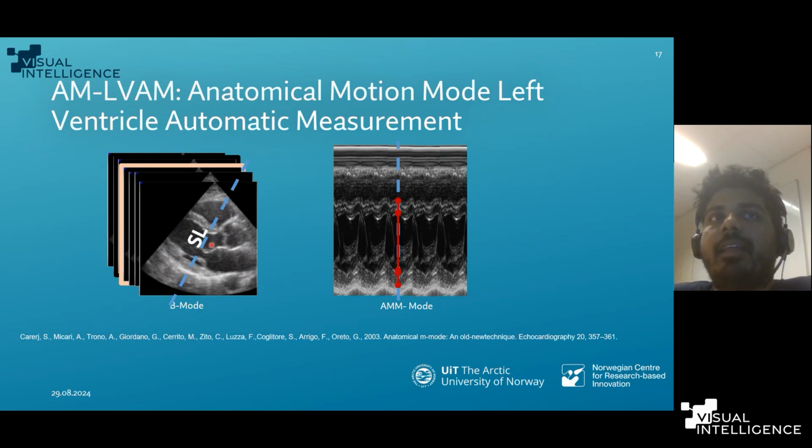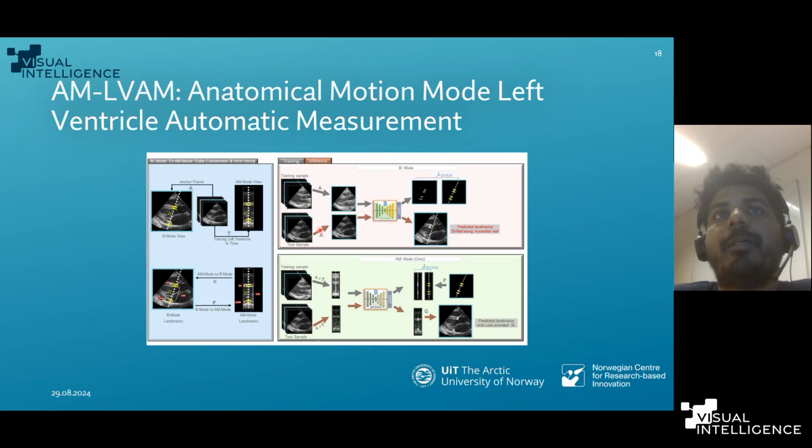But the guidelines say that we have to perform the measurements in the B mode only.